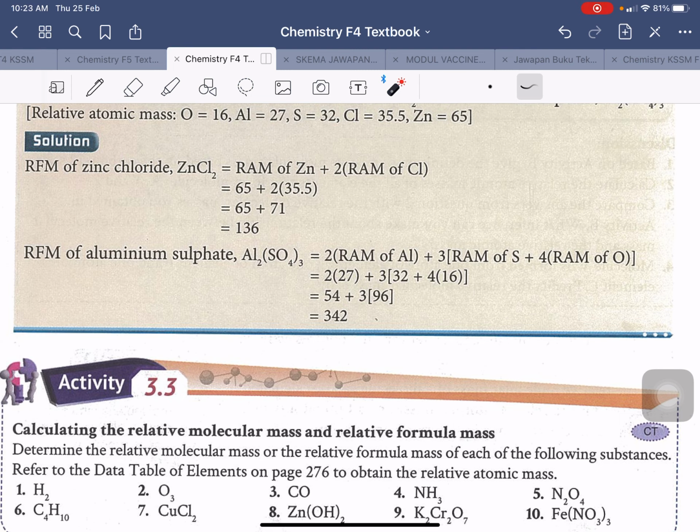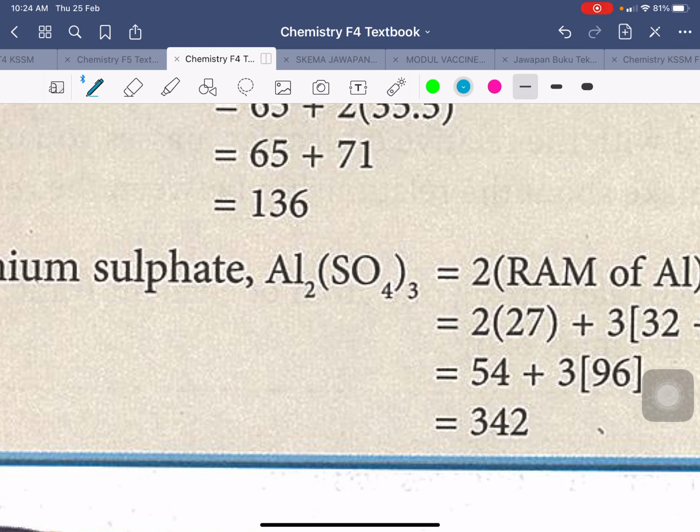Okay, RFM of aluminium sulfate. So look at this one. Ini you need to understand. Ada 2 aluminium. Lepas tu sulfur sebenarnya dalam ni kurungan 1 kan. Kelihatan 1. Tetapi di luar kurungan ada 3. So ini 3 kepunyaan si sulfur juga. Kalau di luar kurungan ada nombor kecil outside the kurungan, so dia kepunyaan sulfur juga.